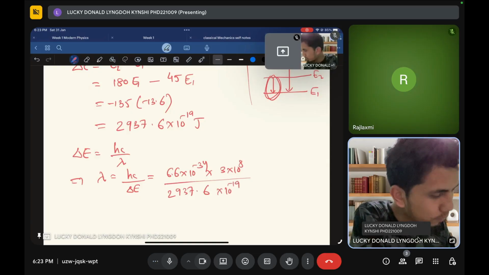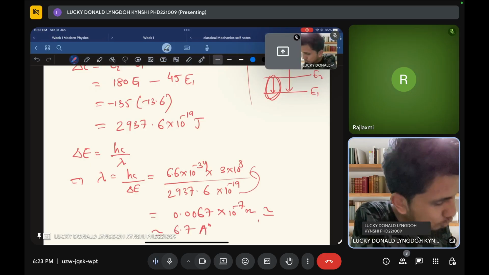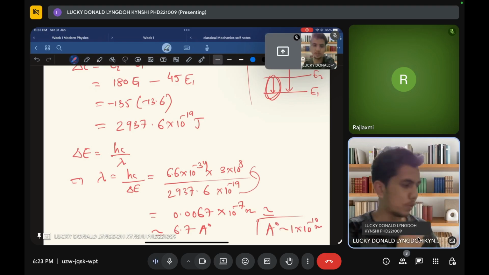If you solve this, you get 0.0067 into 10 to the power minus 7 meter, which is equal to 6.7 Angstrom. Here Angstrom means 1 into 10 to the power minus 10 meter.